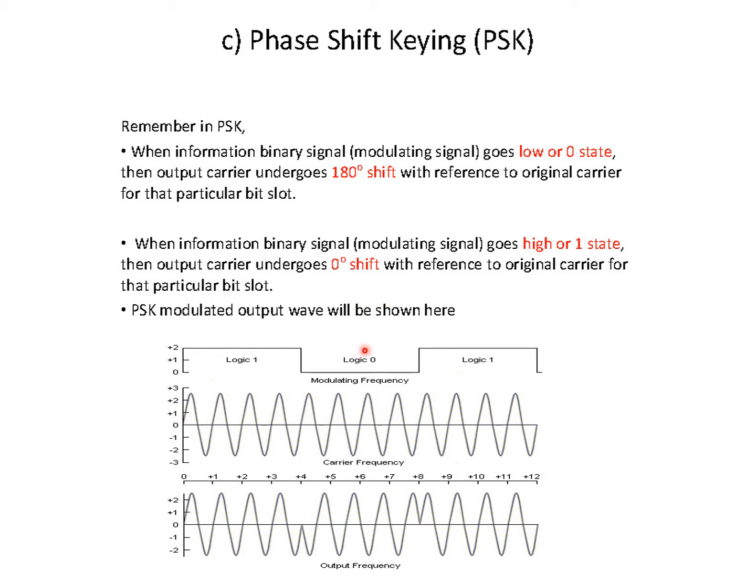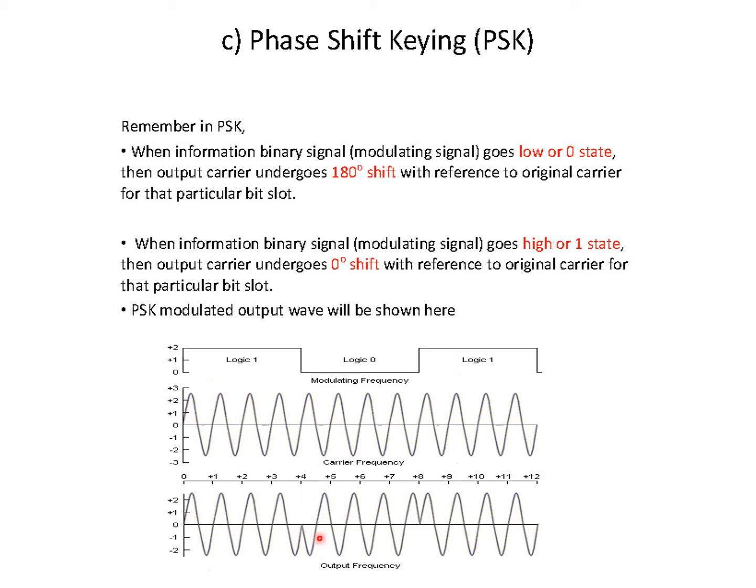So here you can see that this is the input signal. Here logic 1 high, then logic 0, logic 1, and this is the carrier signal. It is a constant frequency signal. When logic 1 is coming, there is no change in phase, and when logic 0 is coming, the phase is changed by 180 degrees.